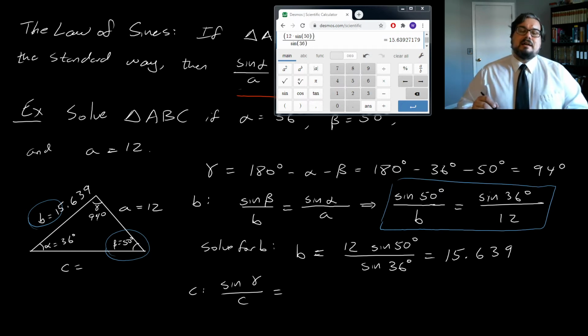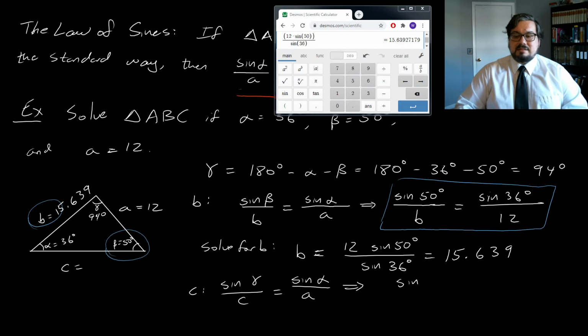So, instead of using sine of beta over b, which involves a quantity that we solved for, we'll go all the way back to alpha and a because those were what were given to us in the problem. So we have that sine of gamma over c is equal to sine of alpha over a, which means that sine of 94 degrees over c is equal to sine of 36 degrees over 12.